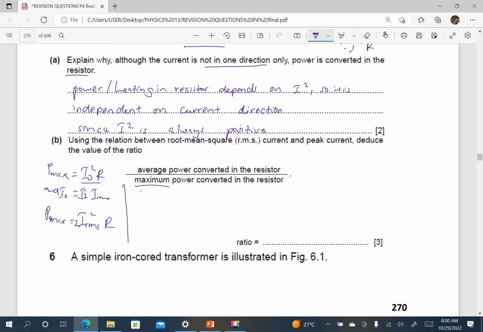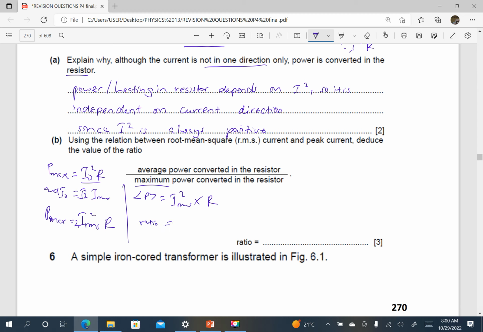Then the average power, as we have already known, is simply I root mean square squared times R. So we just combine these two equations to find the ratio.